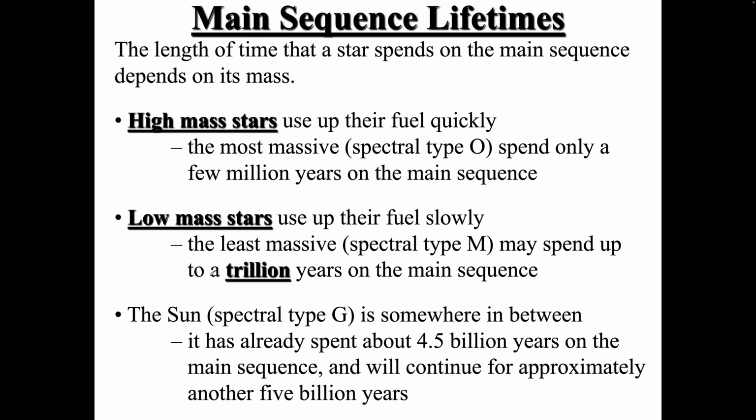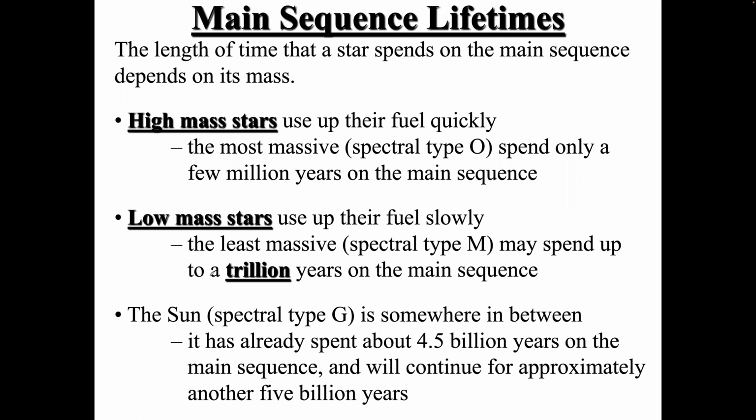Compared to that, low mass stars will use up their fuel very slowly. And the least massive stars, like spectral types close to M type, will spend around a trillion years on the main sequence. Because when you have a smaller mass, it is true that they have less material, but at the same time, the gravitational contraction is slower, which means their nuclear fusion reactions will be slower.